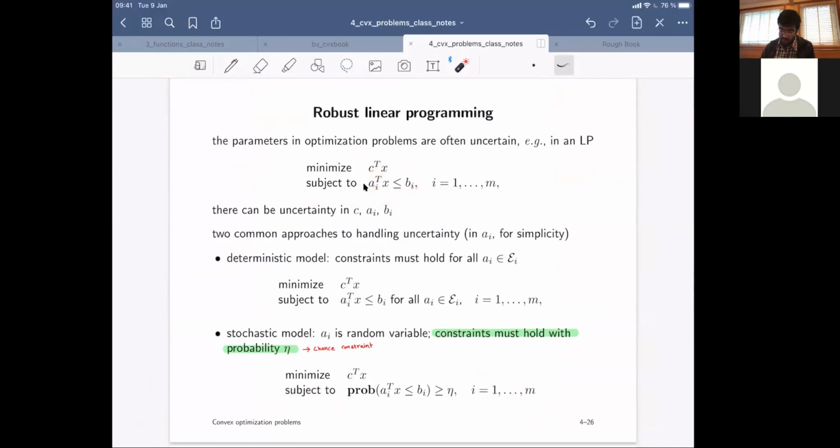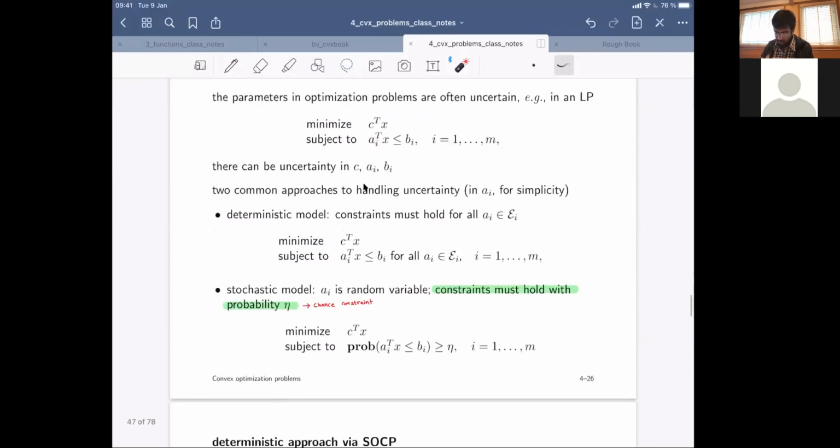But what about c, A, and b? They are constants. That's how we treated them, right? We didn't say that it's a random variable or that we don't know A for sure. We said they are constants. We know them. But now we will see what happens if they are random variables. They are not constant or deterministic. They are coming from a stochastic model.